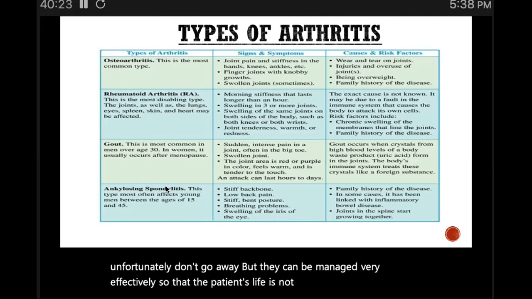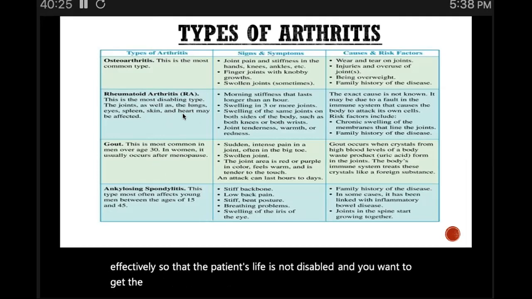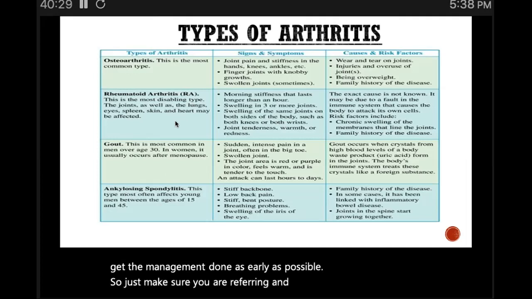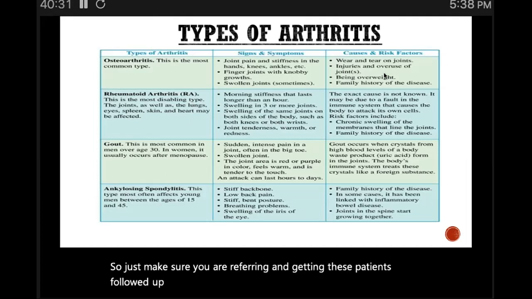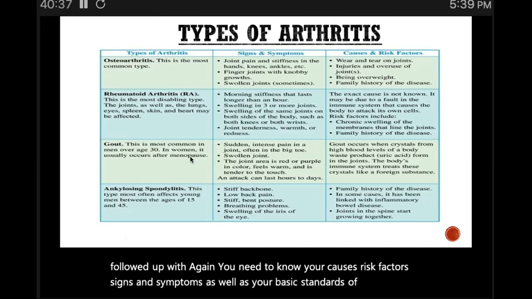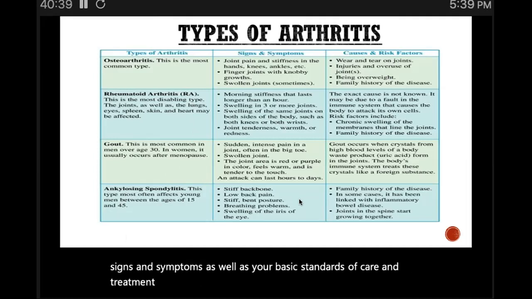And you want to get the management done as early as possible. So just make sure you are referring and getting these patients followed up with. Again, you need to know your causes, risk factors, signs and symptoms, as well as your basic standards of care and treatment guidelines to make sure you and the rheumatologist are doing due diligence for your patients.